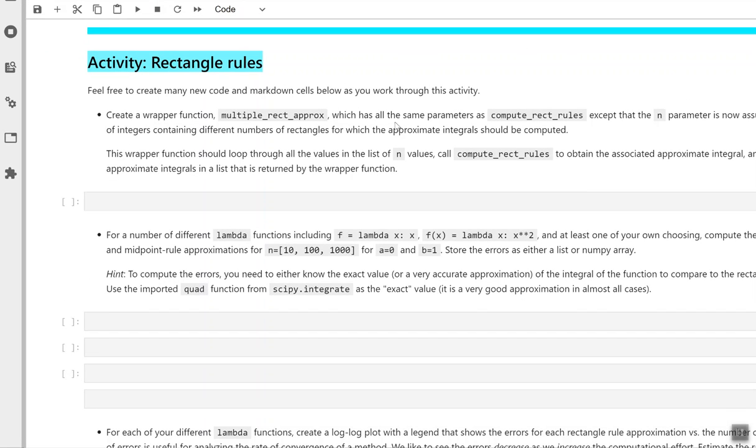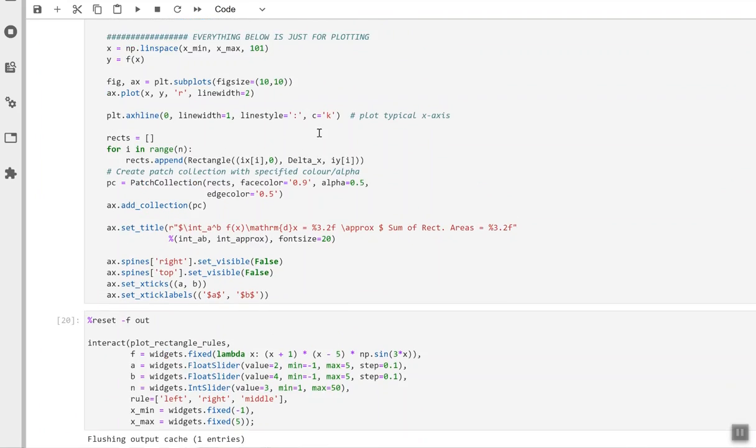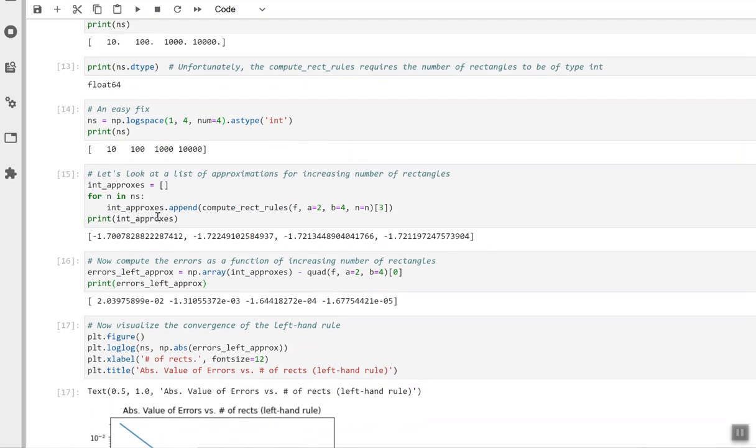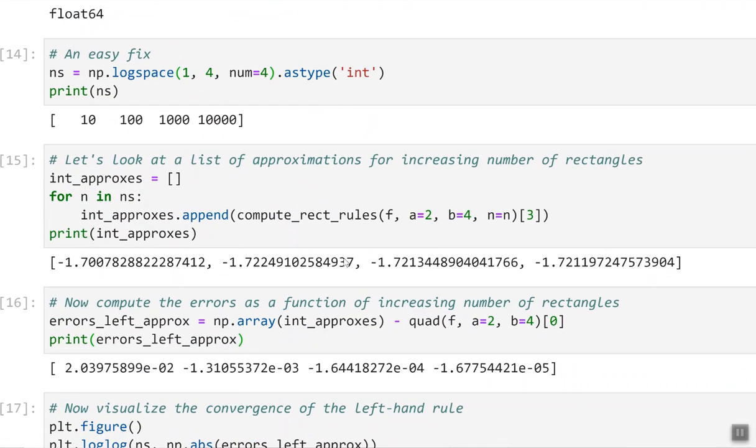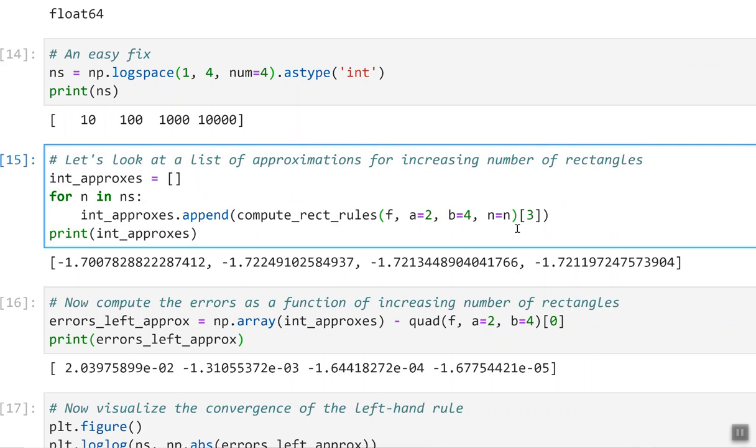So you could do this by just wrapping around compute rectangle rules. And all you need to do is just, like what I did here, where I created this function, I'm just wrapping around compute rectangle rules. Imagine you create a function that does something like this, but also allows you to choose the rule as well.